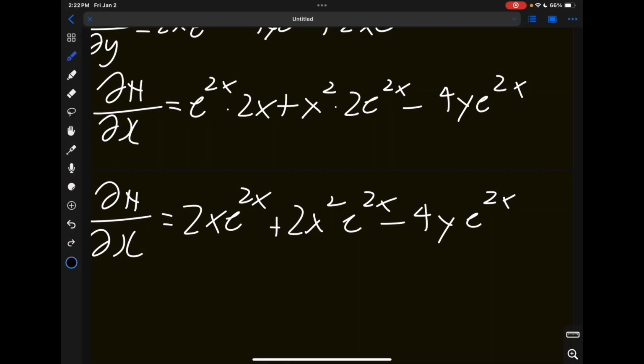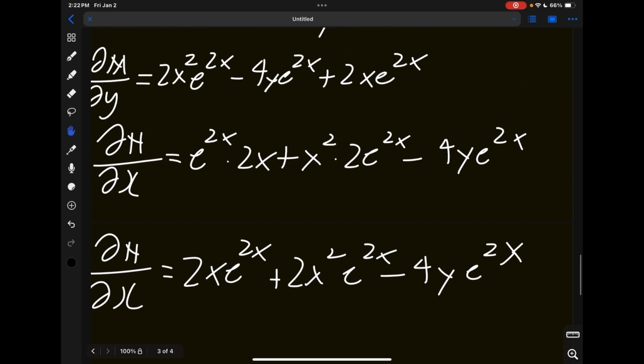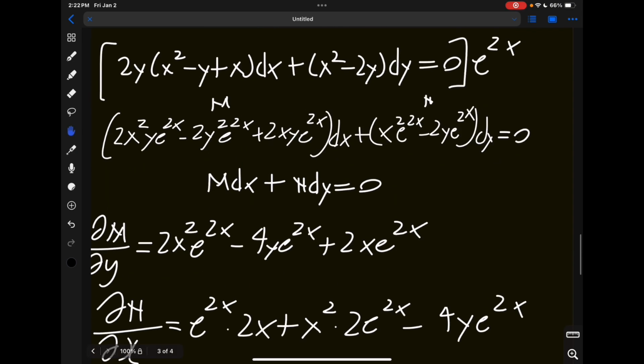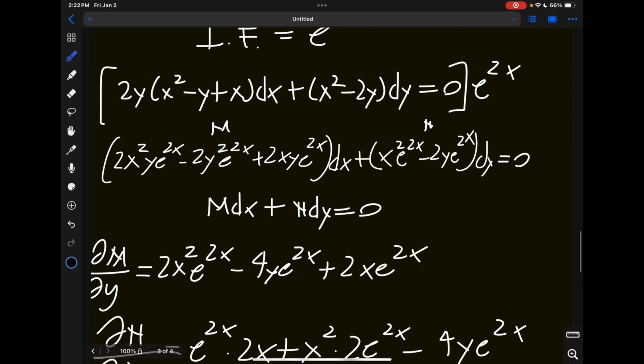Now comparing to our partial derivative of M with respect to y, as you can see, it is the same. They are equal, which means our dE is now exact. Our new differential equation is now exact.